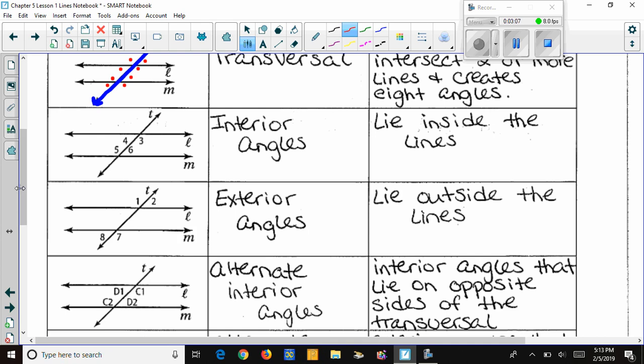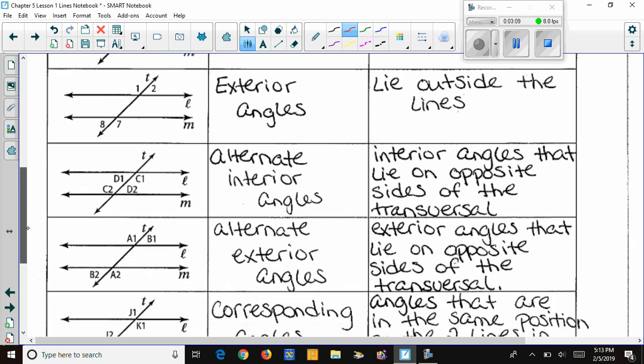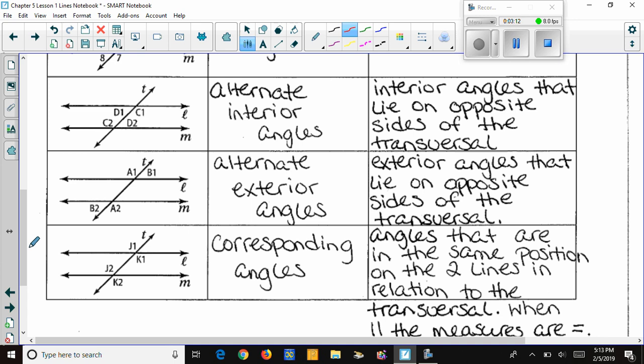And now we're going to move into those special new relationships that we're going to see. We have what's called alternate interior angles. And those are interior angles that lie on opposite sides of the transversal. And you can see in the picture to the left, they have them labeled, such as C1 and C2 that I'm marking in red. Notice they are on opposite sides of the blue transversal.